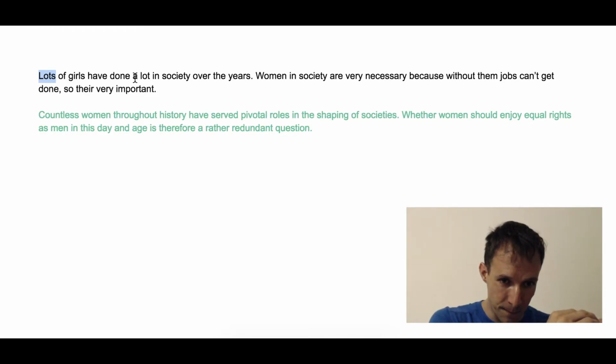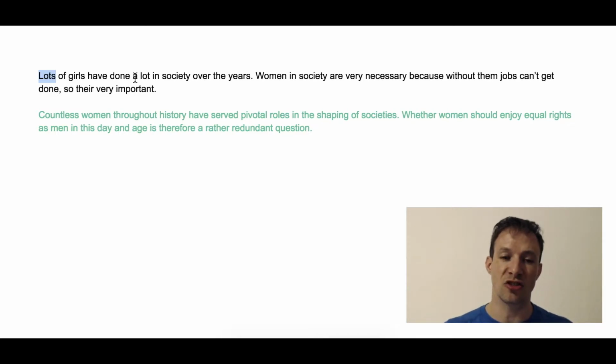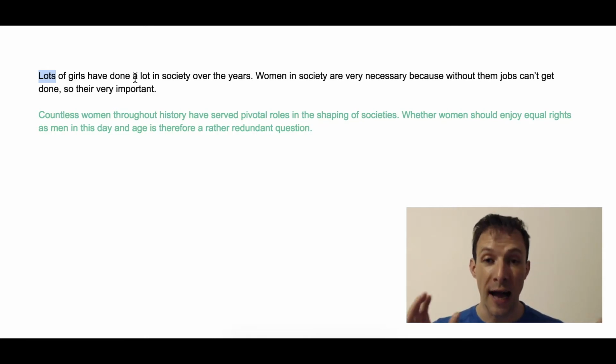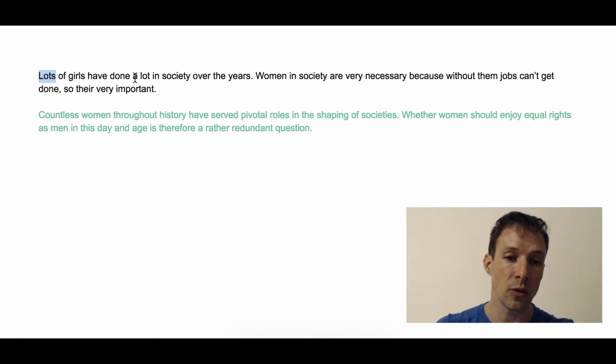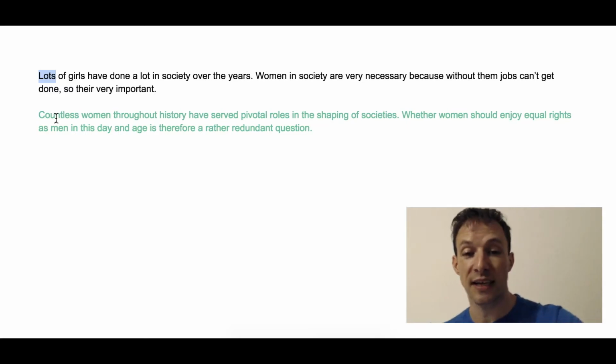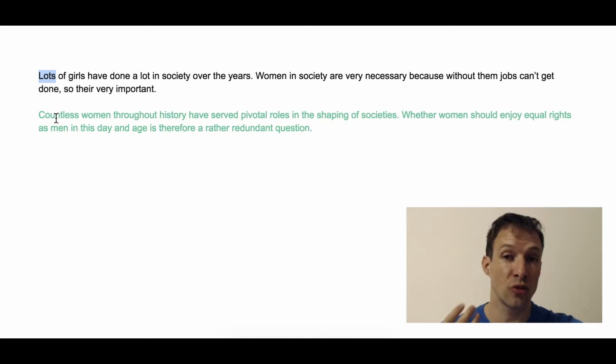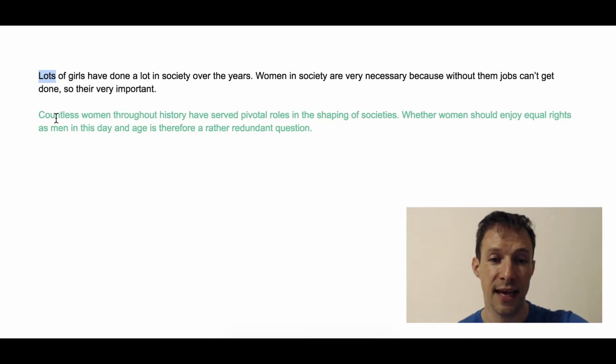Whereas if we manage to structure the sentence in a way that we avoid repetition, we're automatically going to be scoring higher in lexical resource, and if we do it grammatically accurately, we're going to be increasing our chance for points as well. So, "countless women throughout history have served pivotal roles in the shaping of societies." Doesn't that sound so much more sophisticated than "done a lot in society over the years"?